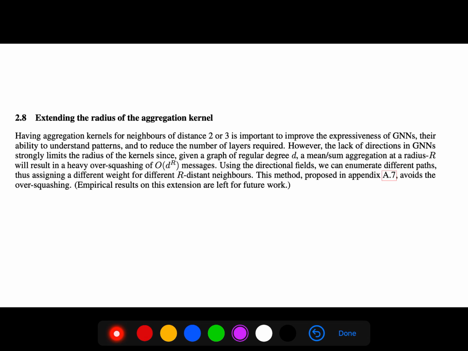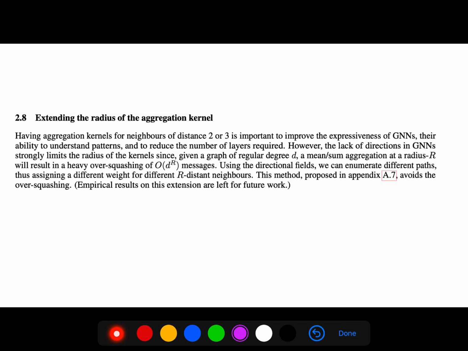Extending the radius of aggregation kernel. Having aggregation kernels for neighbors of distance 2 or 3 is important to improve expressiveness of GNNs, their ability to understand patterns, and to reduce the number of layers required.